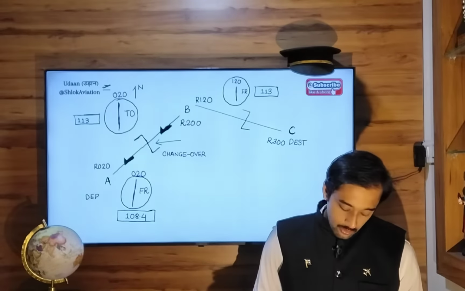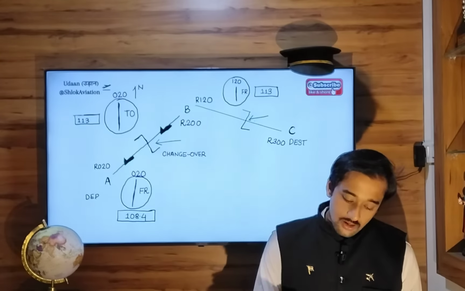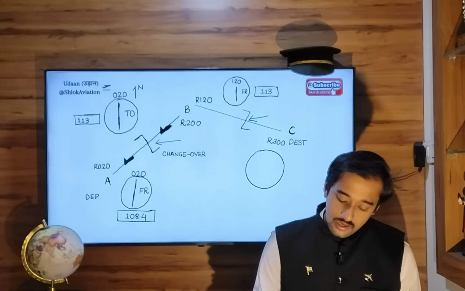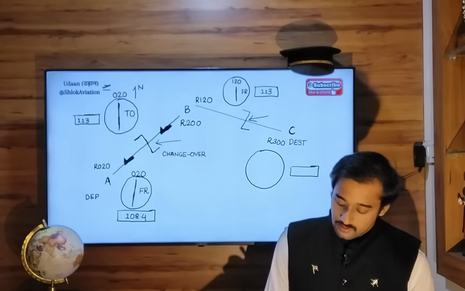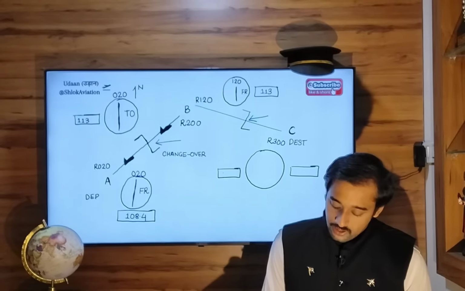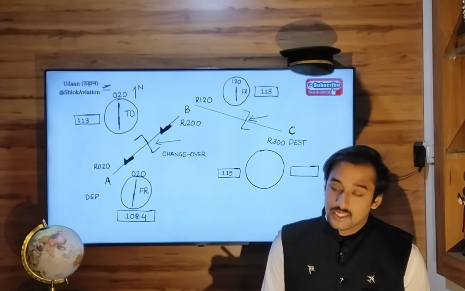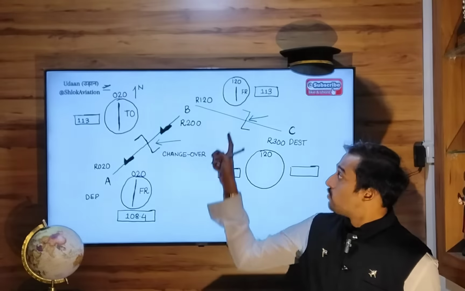At this changeover point, what will happen? You will switch the frequencies from Bravo to Charlie. So let's say the Charlie frequency is something like 115 megahertz. The OBS setting will be the same, 120, but what will change is the to-from indication.